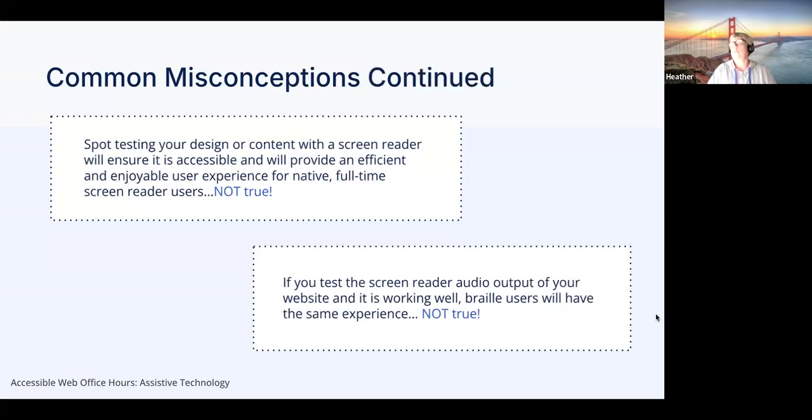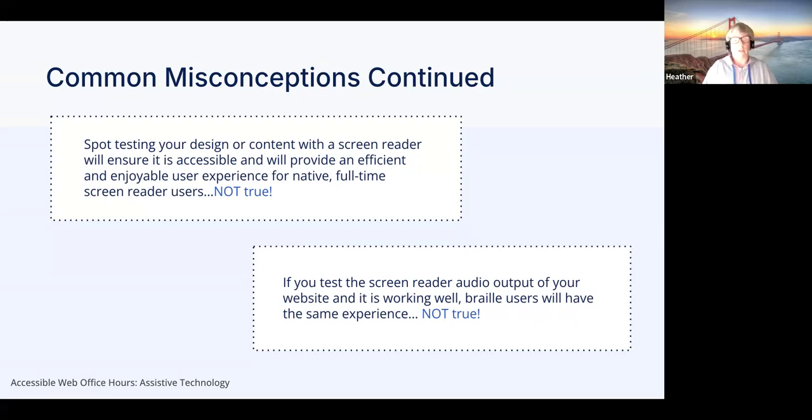Number three on our list, spot testing your design or content with a screen reader will ensure that you provide an accessible and efficient user experience for your native screen reader users. This is not true.